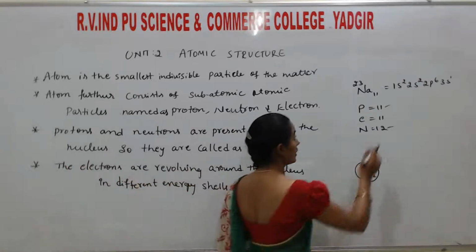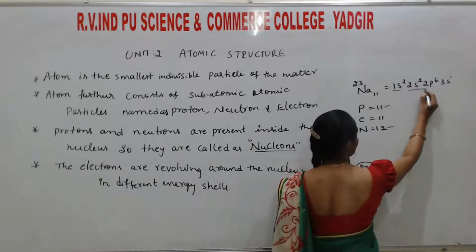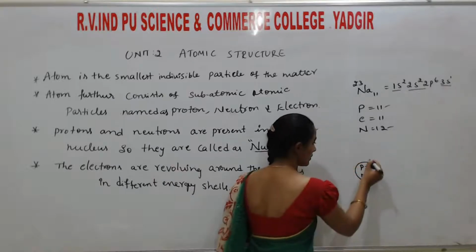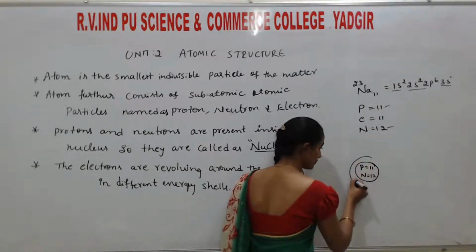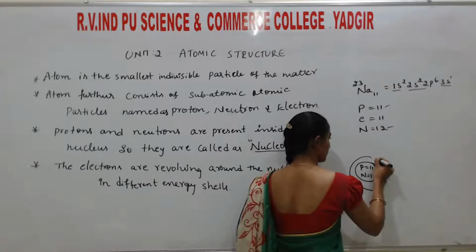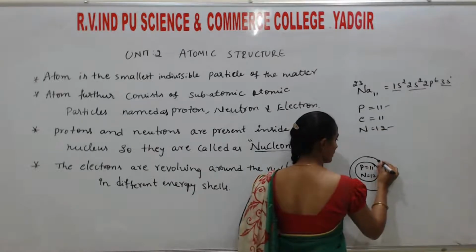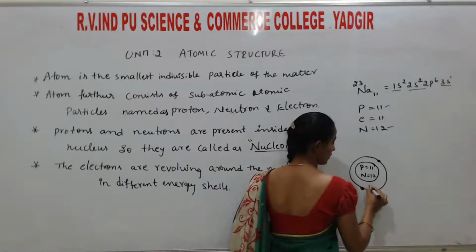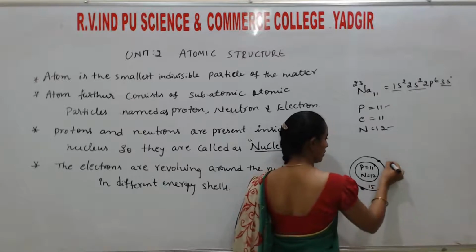So first one, as I told you, 1s is one shell, 2s, next to 3s. So this is 2 electrons, that is the 1s shell.